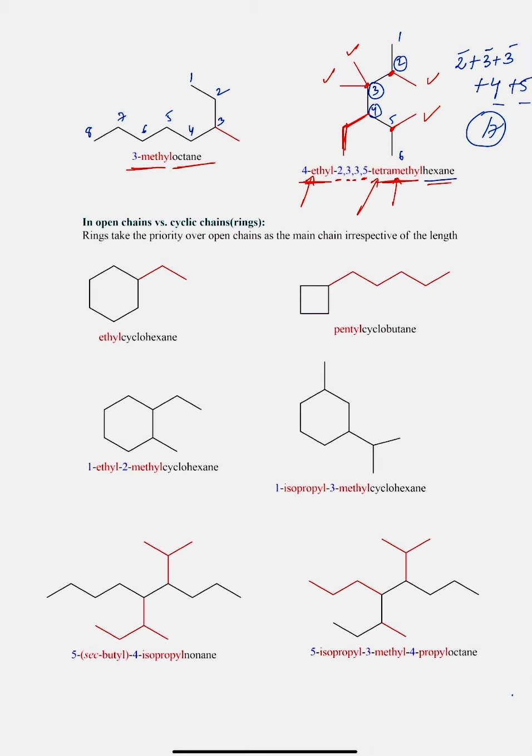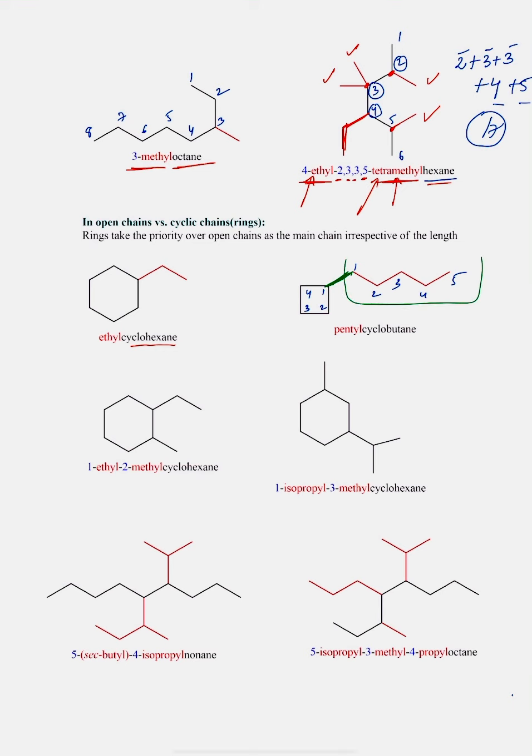In the second case, we have a long straight chain with 1, 2, 3, 4, 5 carbons attached to a smaller ring with 1, 2, 3 and 4 carbons, and there is a single bond between the two structures. Now, what would be the name of this compound? Let's check. What do you think will take the status of parent chain?